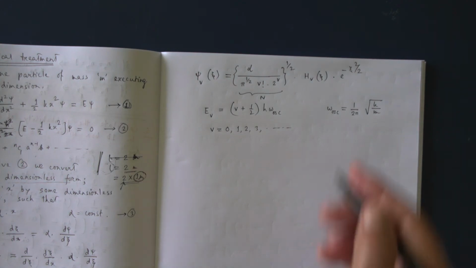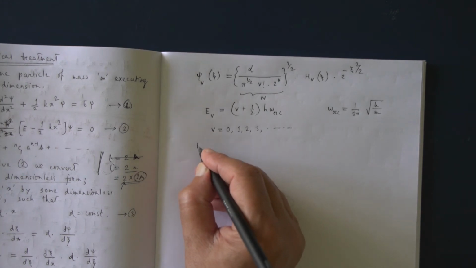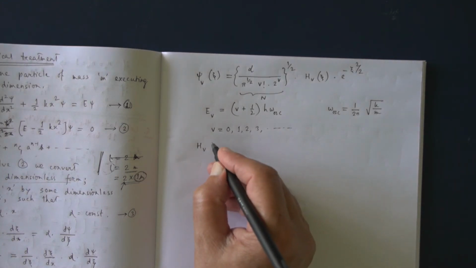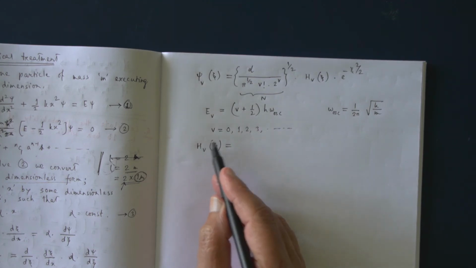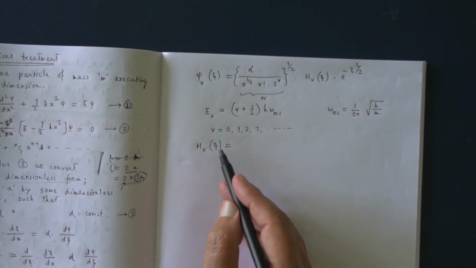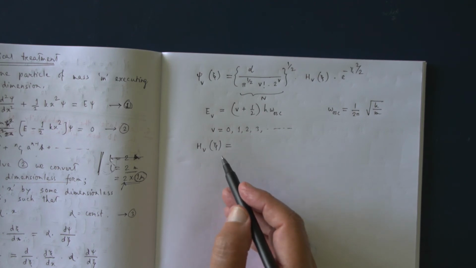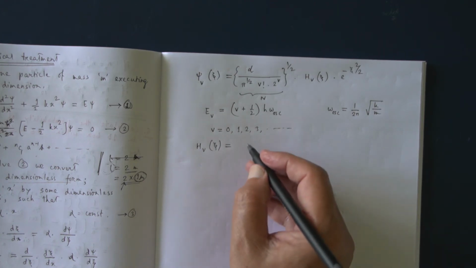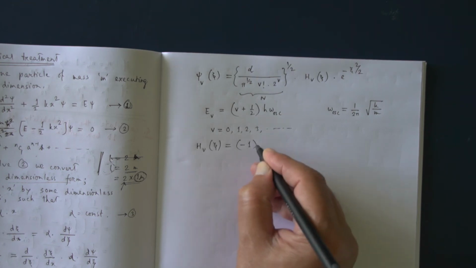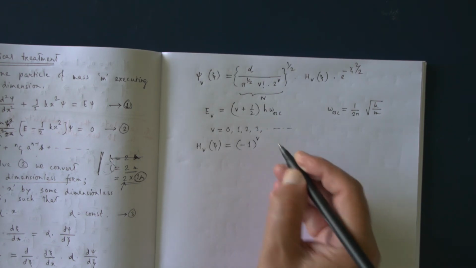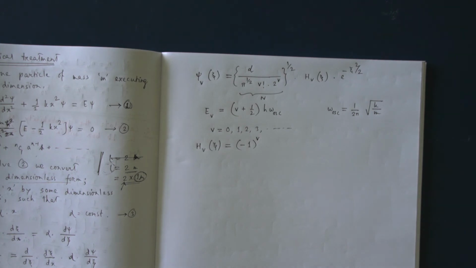Now we have said that this is the Hermite polynomial, and this is the symbol. For the Hermite polynomial we have one expression, where v is the quantum number. Let me see the expression.